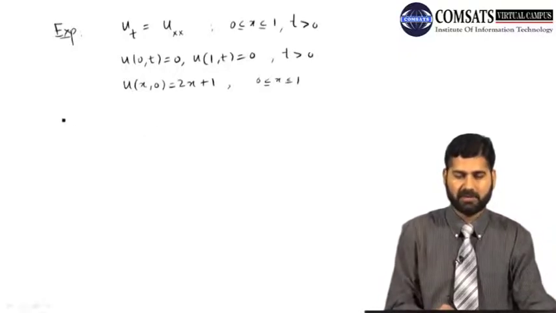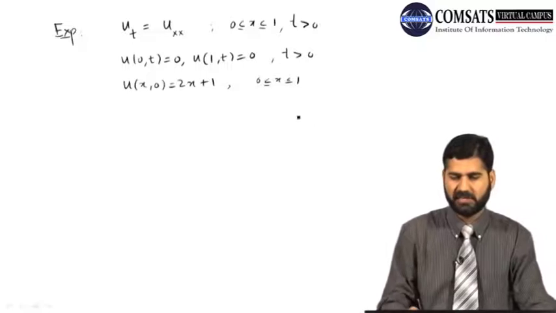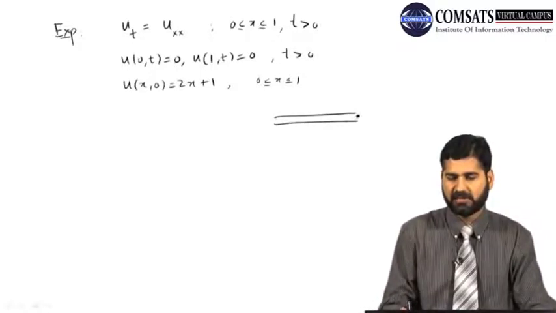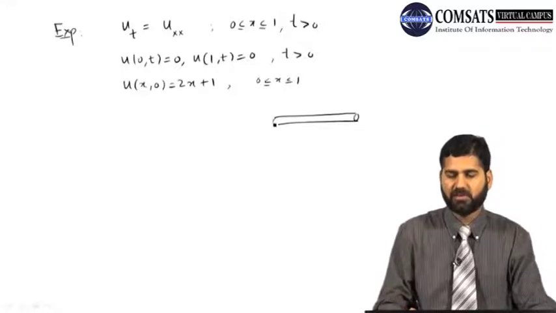So as I was mentioning, this is basically the application of heat flow in a one-dimensional rod. Let's say this is a homogeneous rod of length 1, from 0 to 1. u at any point x, u(x,t), gives you the temperature.